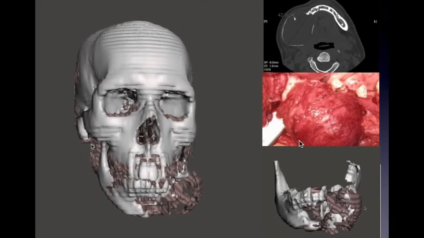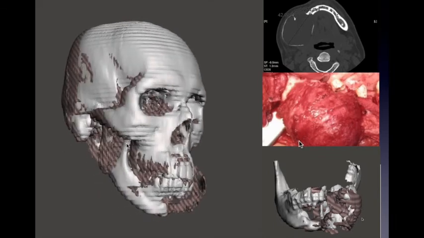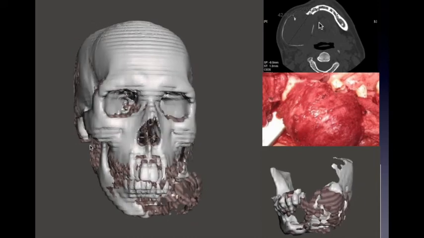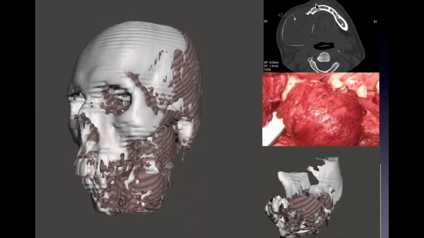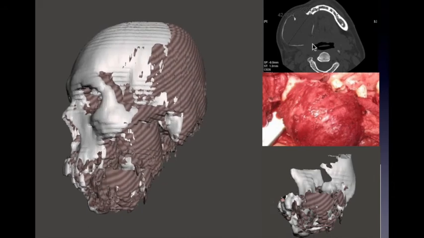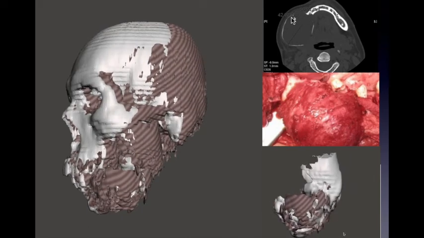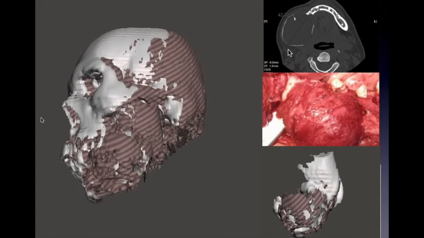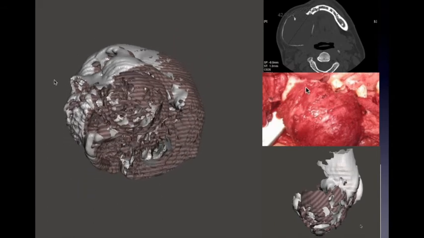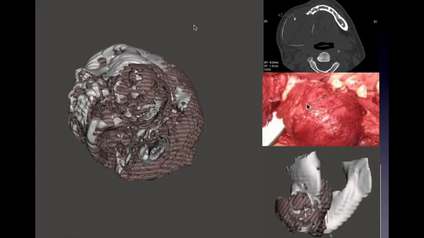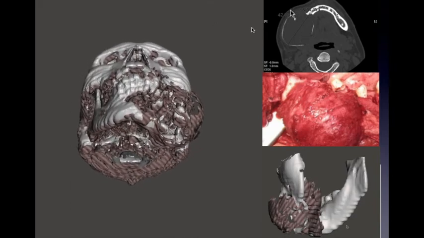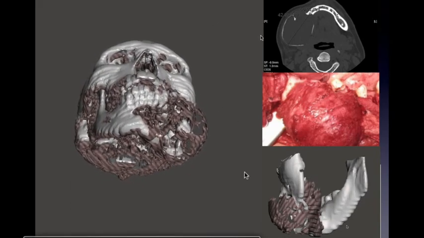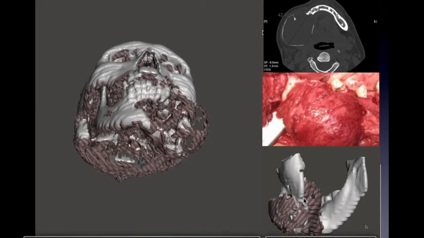Okay. So in assessing pathologies, like in this case, we could move further in not just assessing or seeing what is inside, how the structures are reacting, but we could even take it further and get a stereolithographic image from the CT scan view in order for us to further plan ahead.